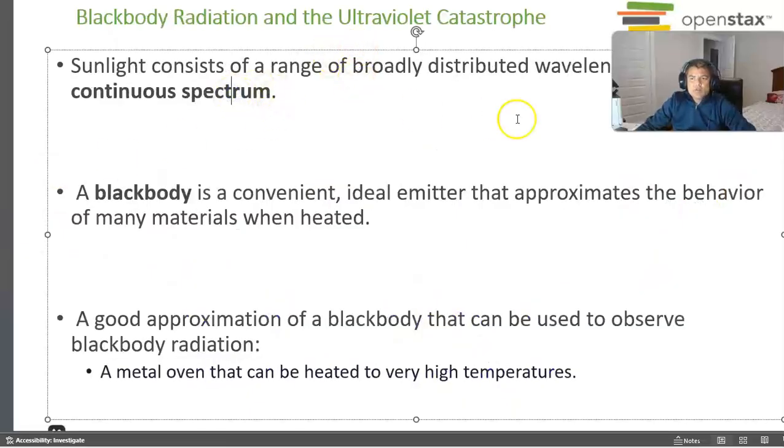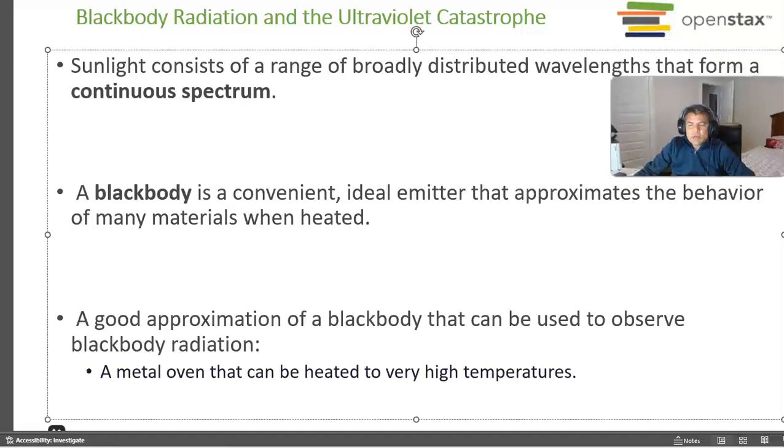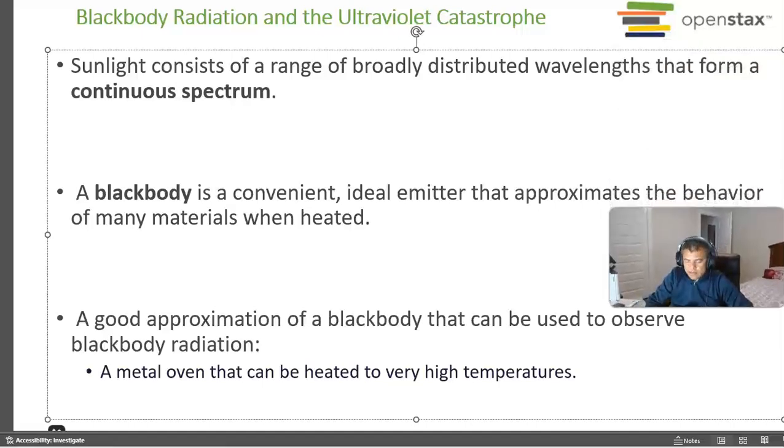Now let's go to another very important fact, that is black body radiation. A black body is something which can emit light if you give it heat. Sunlight consists of a range of broadly distributed wavelengths that forms a continuous spectrum.